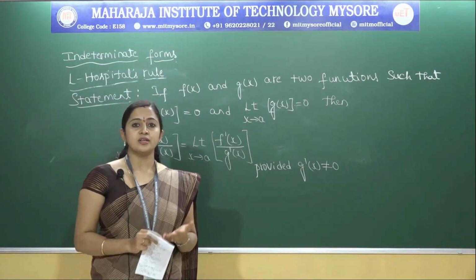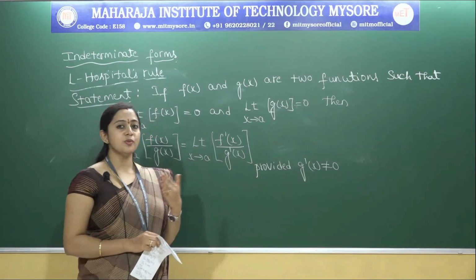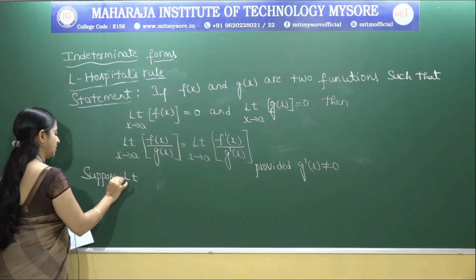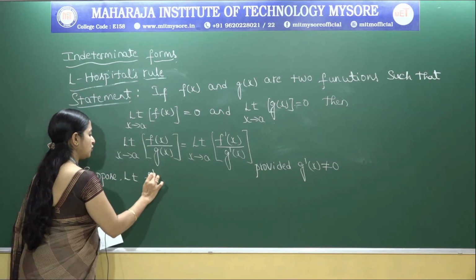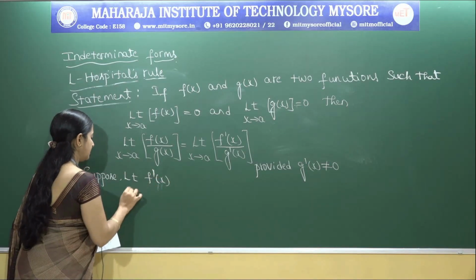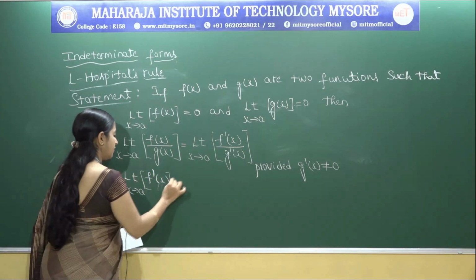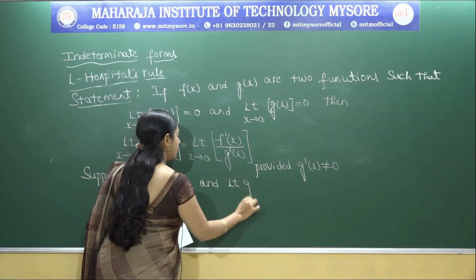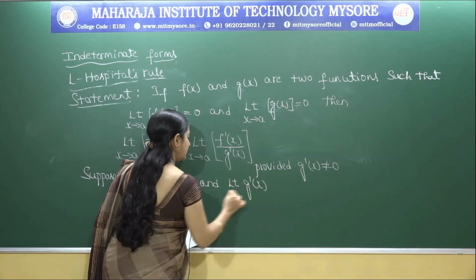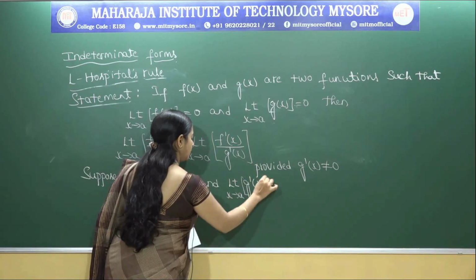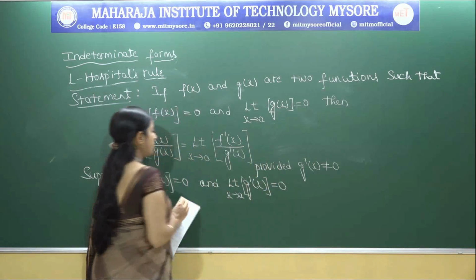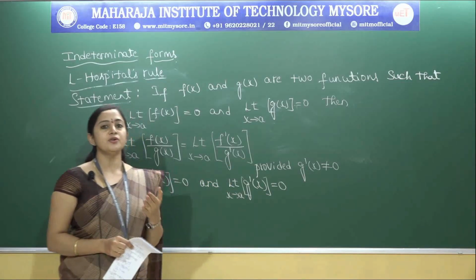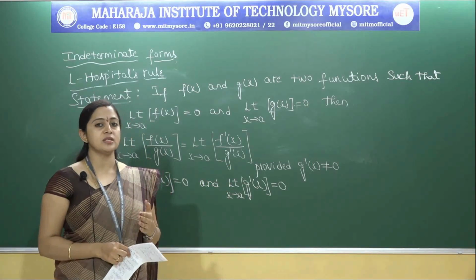Suppose the next form is also an indeterminate form, you have to differentiate the numerator and denominator once again till you get the real value. Suppose the limit of f dash of x as x tends to a equals 0 and the limit of g dash of x as x tends to a equal to 0. Suppose after differentiating these two terms again you get the indeterminate forms, then you have to differentiate the numerator and denominator once again.